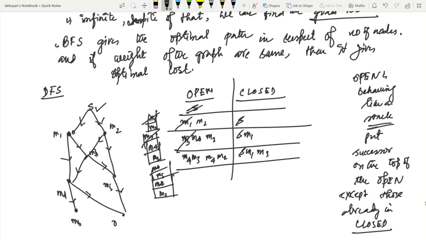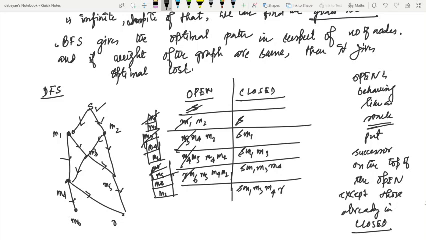So you remove M4 and S; it is M1, M3 and M4. M4 will be popped out, and from M4 there are M6 and R. R is the gold node. So this is R and M6, this is M5, this is M4, this is M2. You can pop out R, and that should be M1, M3, M4 and R.